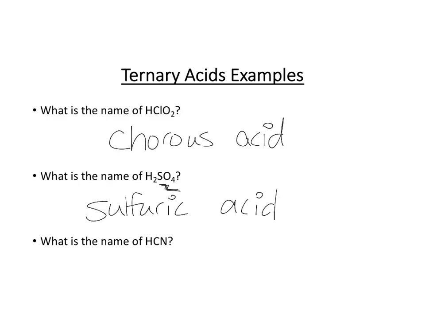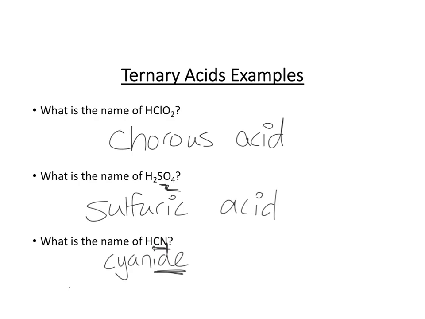All right, now this next one is sort of unique, which is one reason that I put it on the podcast. So if we look at the name of this, CN, you get cyanide, right? So cyanide ends in ide, so it doesn't end with ate or ite. So this one is definitely an exception to our ternary acid rule.